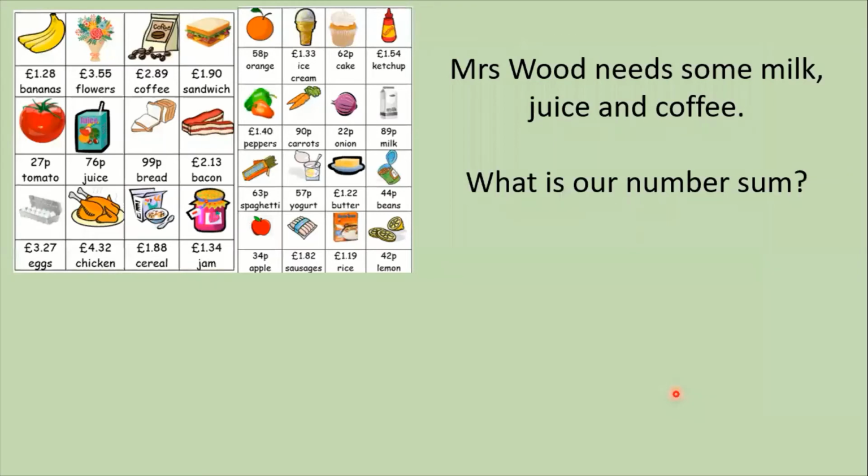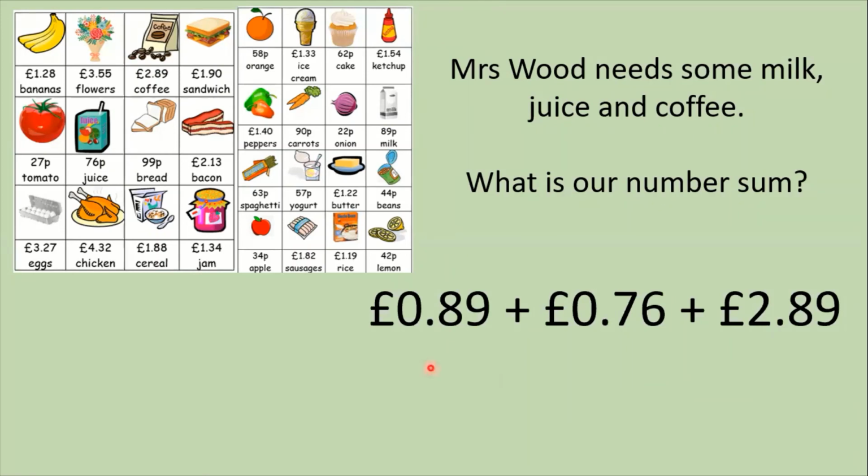Okay then, so Mrs. Wood needs some milk, some juice, and some coffee. Can you spot them in our shopping list and find out what our number sum is? Well done if you spotted them. So some milk, we've already had some milk, didn't we?